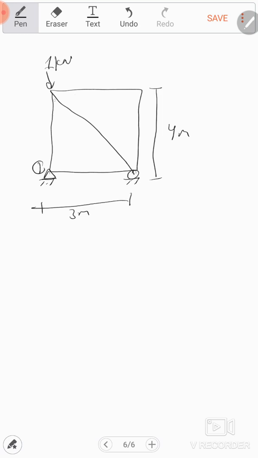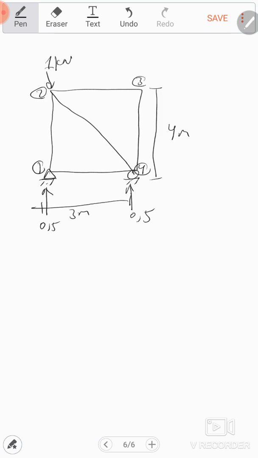Same thing and same procedures. Here, because we have 1 kilonewton, automatically the reactions make the shape stable. This one is 0.5 and this one is 0.5.